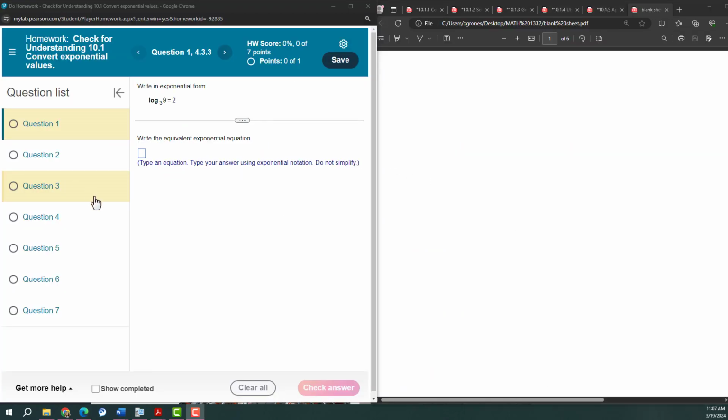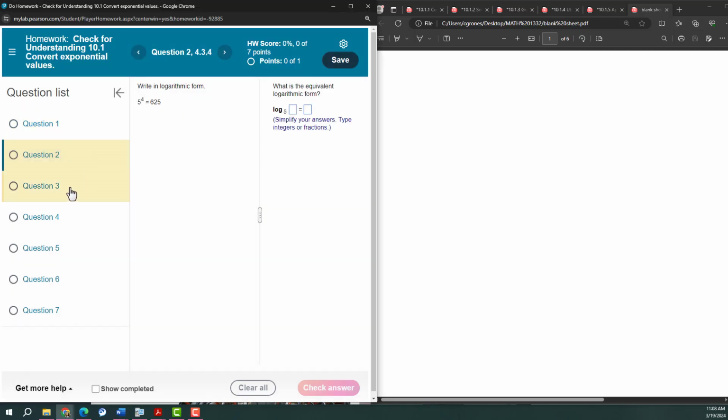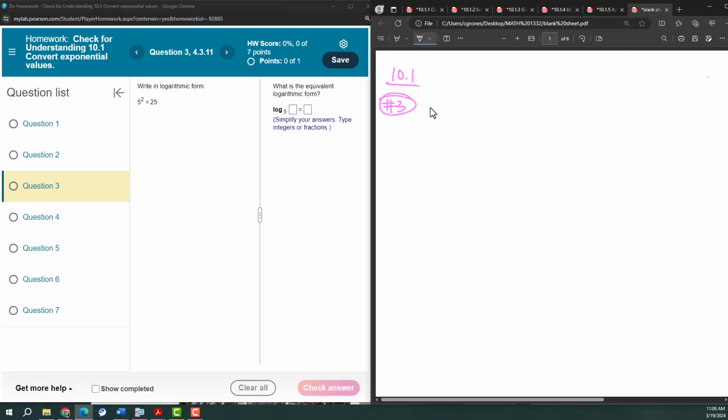The homework for 10.1, remember, I'm only going to go over the questions that are on the test. So I'm not going to do number 1 or number 2. I'm going to start with number 3. It says to write in logarithmic form. So they give us this in exponential form, and we need to put it into log form.